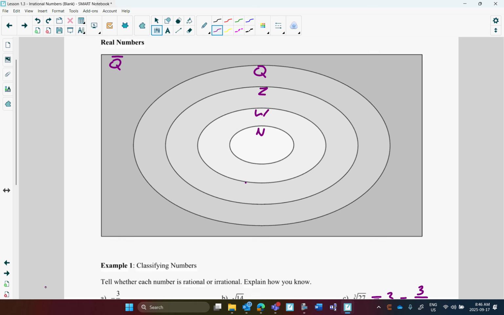So where would I put, in what oval or in the rectangle, would I put the number -7? Where would you put it? In the Z, but outside these, right? Next, so -7. Where would I put the number 0.6?